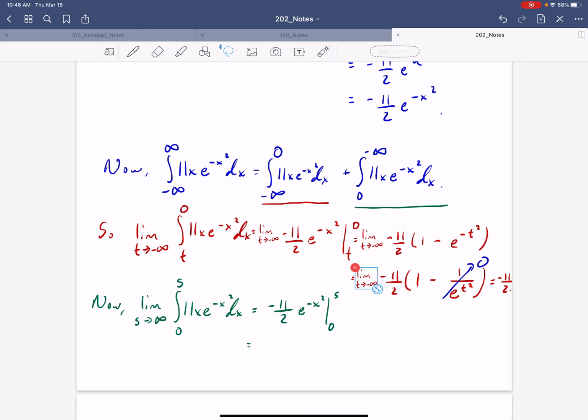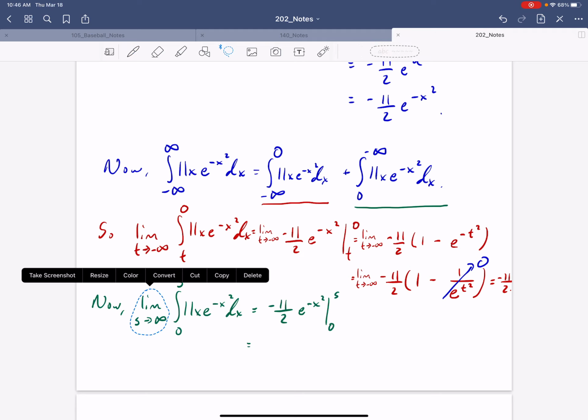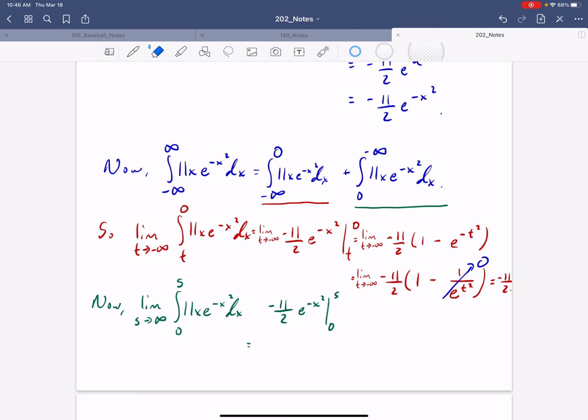All right, so in here we ought to be squeezing this limit in as well. Maybe shrink it a little bit.